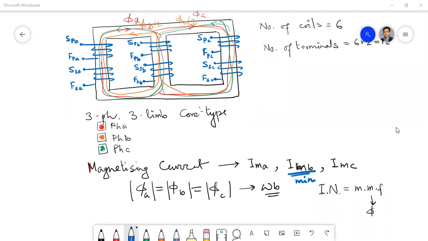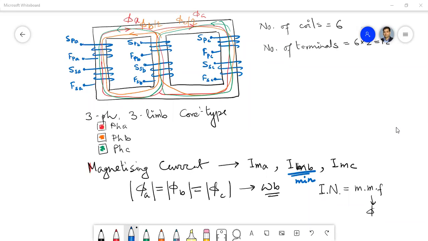Remember, if you don't understand the magnetic circuit for any machine then your understanding will be incomplete, because in all electrical machines there is a complete magnetic circuit.